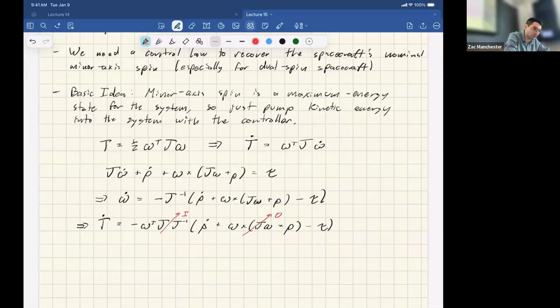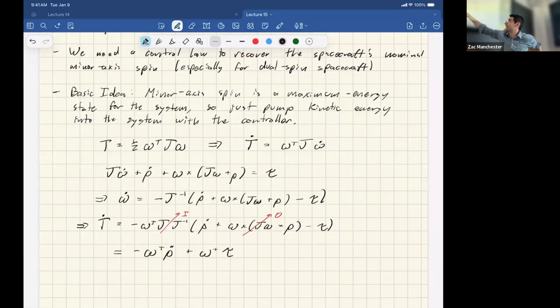So this got really nice all of a sudden. And this whole thing ends up being minus omega transpose rho dot plus omega transpose tau. Okay. So what this is basically saying is this is the derivative of the kinetic energy with respect to rotor torque and external torque.